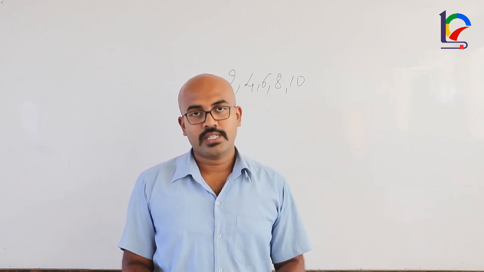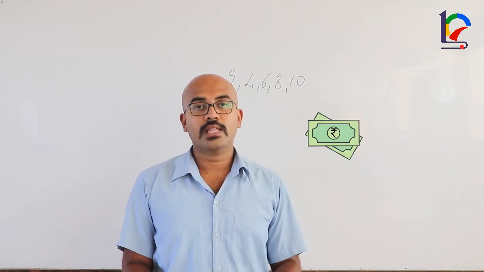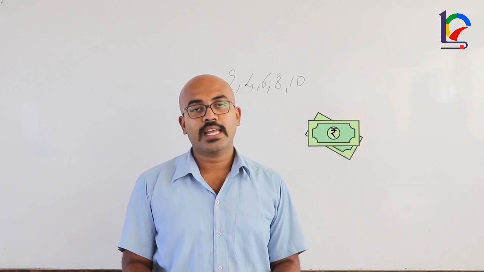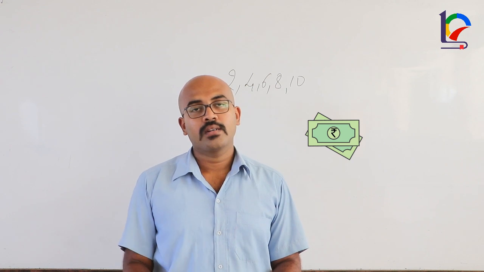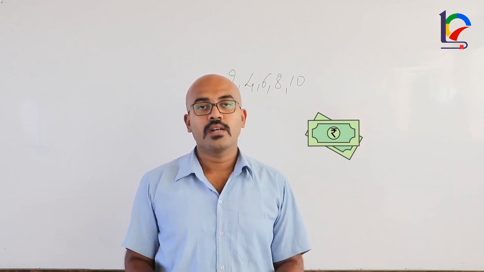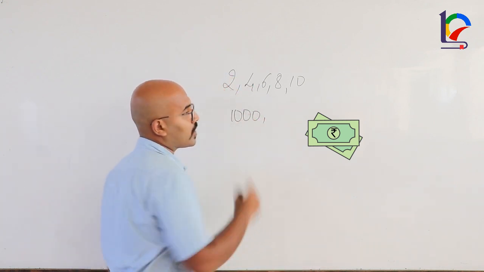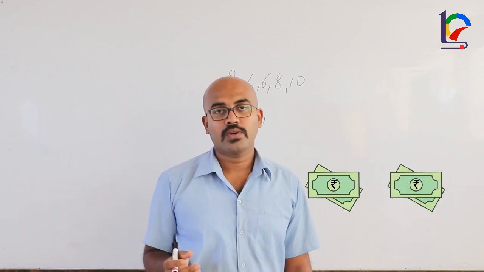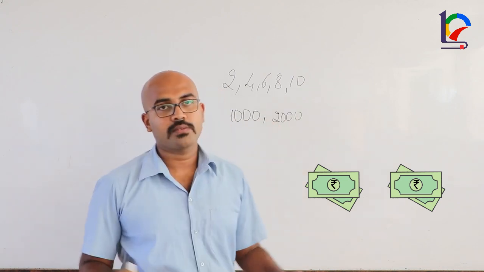There is one more situation. For example, this year you are going to save 1000 rupees. Next year, since you will be 1 year elder, your parents might start giving you one extra 1000 rupees, so they might give you 2000 rupees.